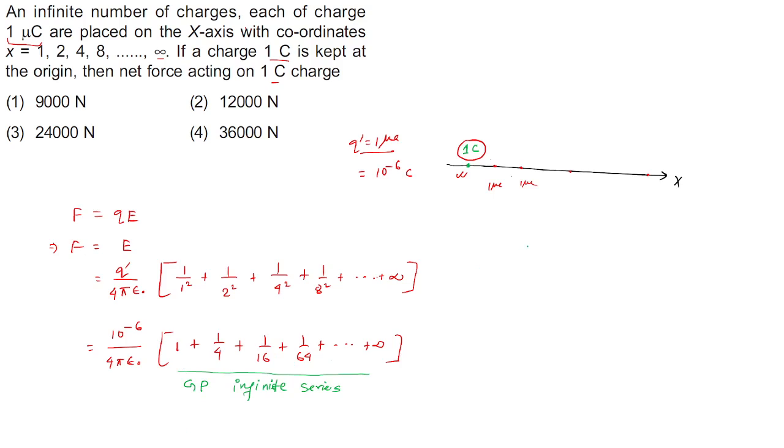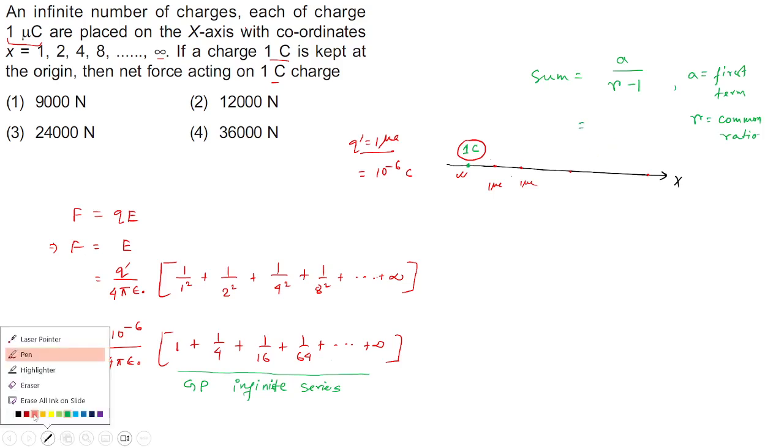And in case of a GP series, the sum is nothing but a by r minus 1, where a is the first term, and r is the common ratio. Correct. So let's put the value of a and r.